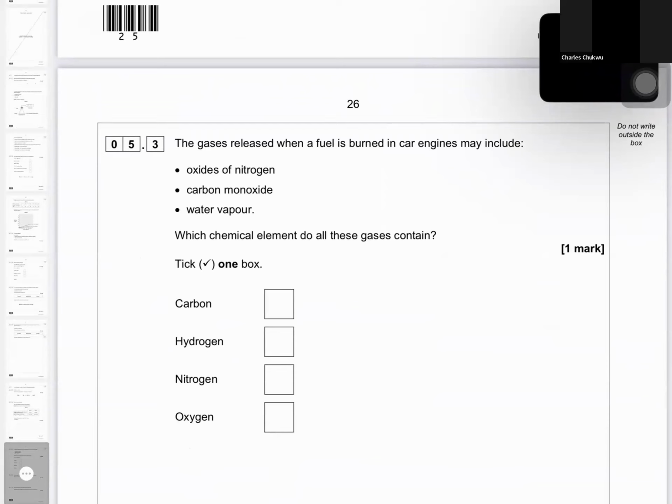If you were to leave petrol in an open container, and diesel too, and you come back after an extended period of time to check, you would notice that the petrol has reduced more in quantity than the diesel.